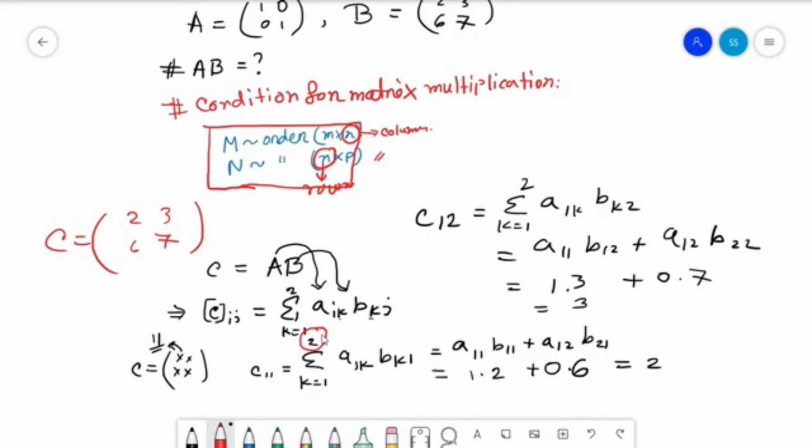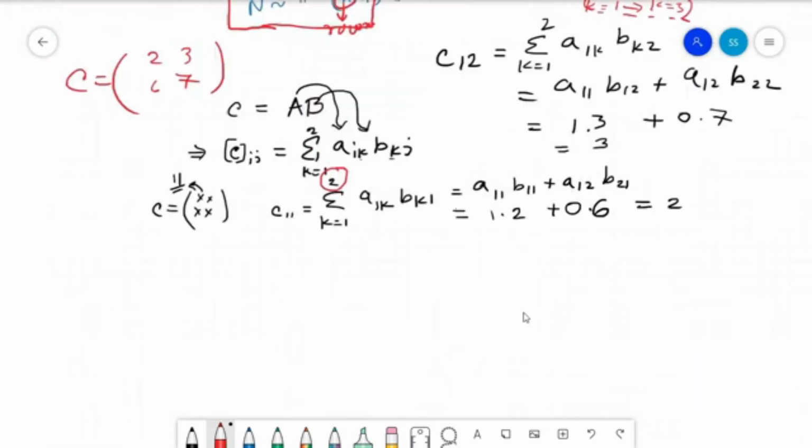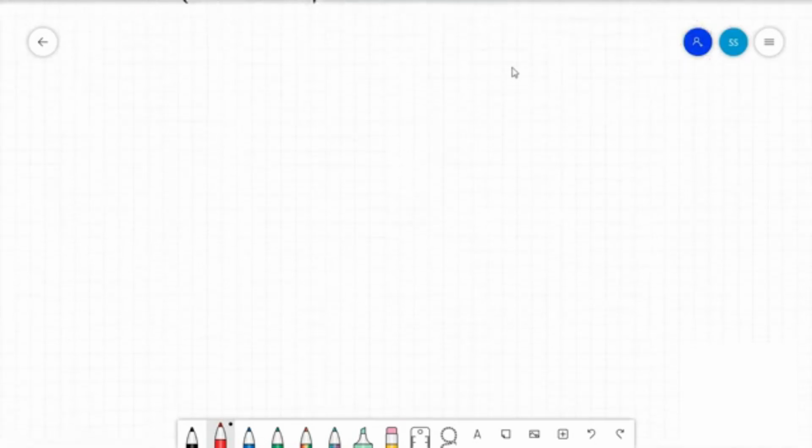So if I had, let's say, a 3 cross 3 matrix, and I want to multiply it by another 3 cross 2 matrix, the summation would run from k equals 1 to k equals 3, and just like that.